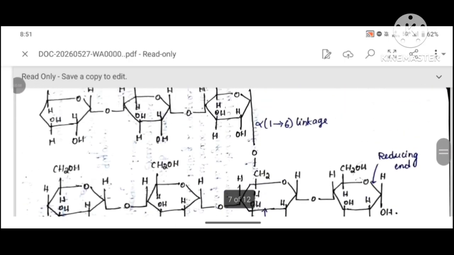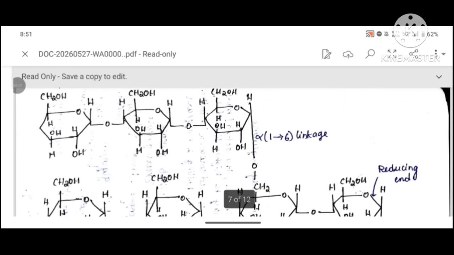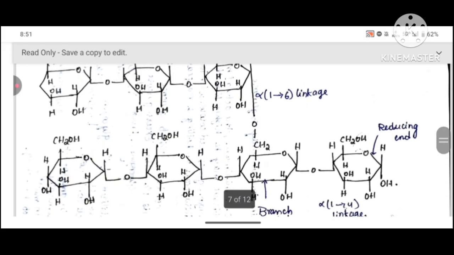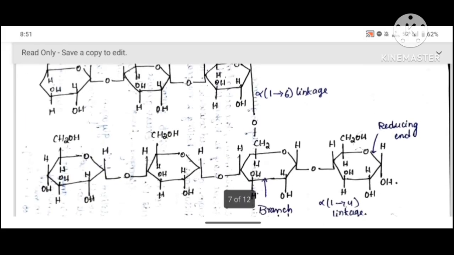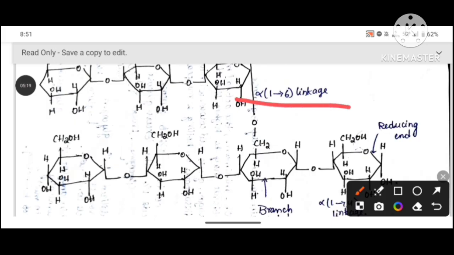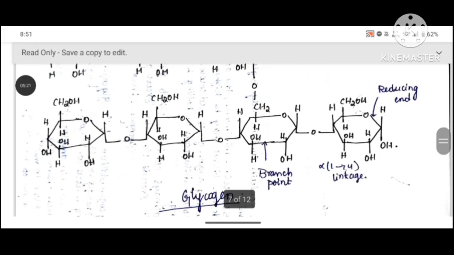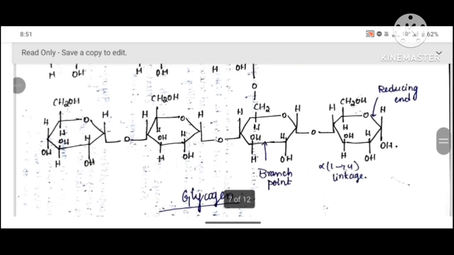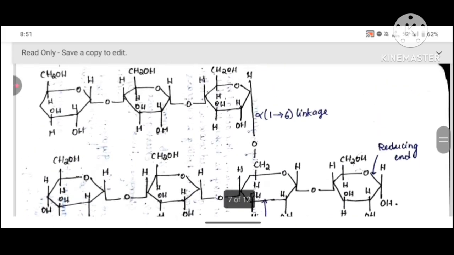This is the structure of glycogen, as you can see here. You can find two kinds of linkages, alpha 1,6 linkage and alpha 1,4 linkage. It is somewhat similar to the amylopectin structure in terms of these linkages.